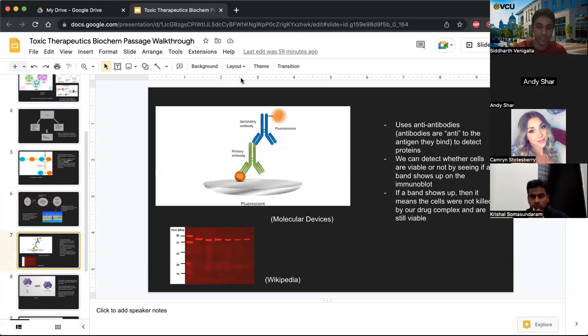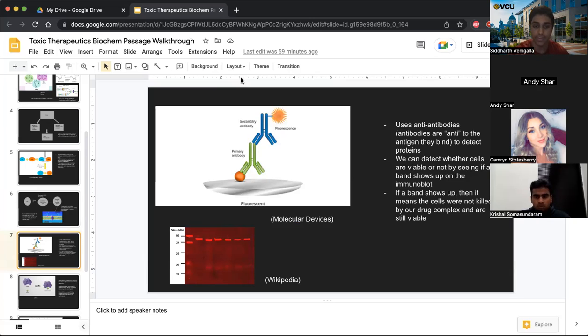Okay, the next technique we want to talk about is something called an immunoblot. An immunoblot uses something called an antibody. An antibody is a component of our immune system, and you can also make them in a lab. What they do is bind a specific protein called an antigen. So you can use them to detect stuff in a cell, and you can also use them to detect if a cell is viable.